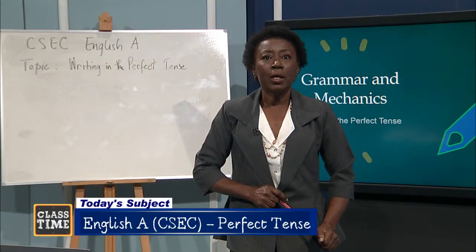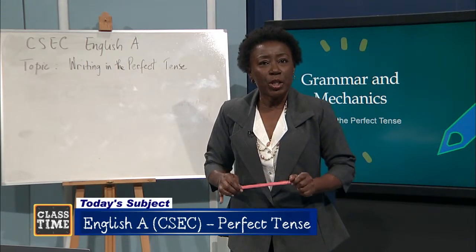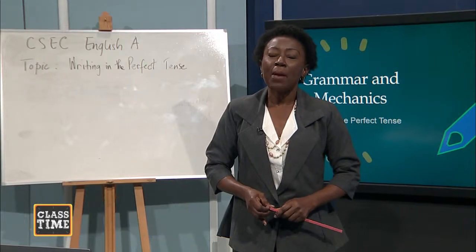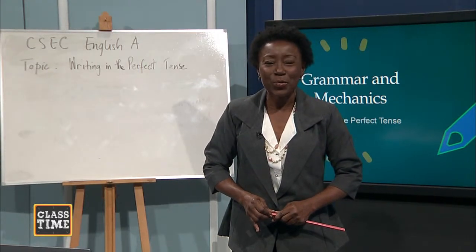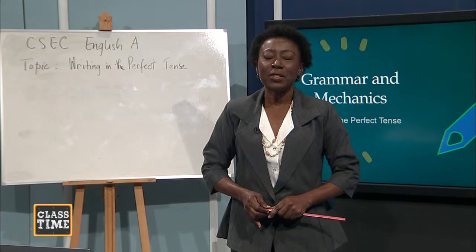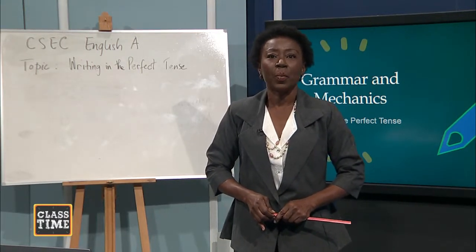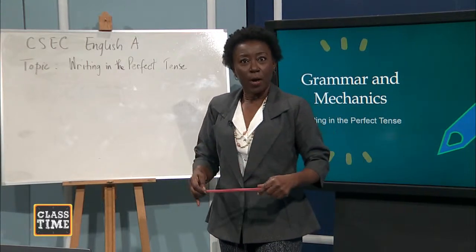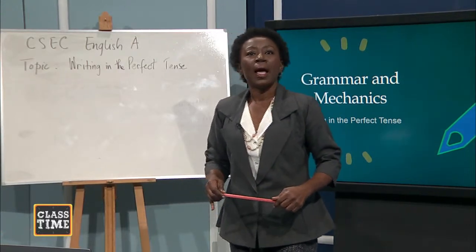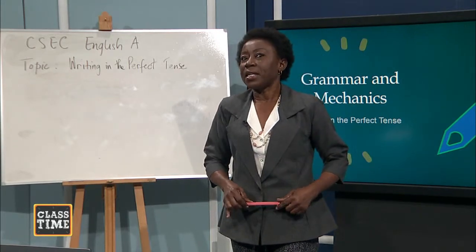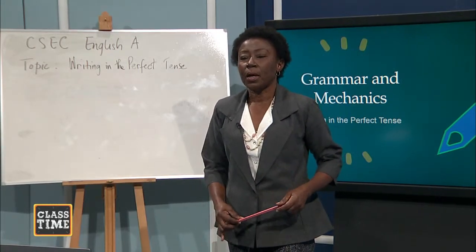So often, you are comfortable just switching to the past tense. But this lesson is about a better way, a more perfect way of writing, which is to use the perfect tense. That is, I am in this hour teaching, and you could easily say, when the lesson started, I was.